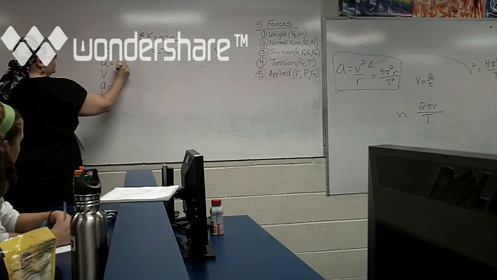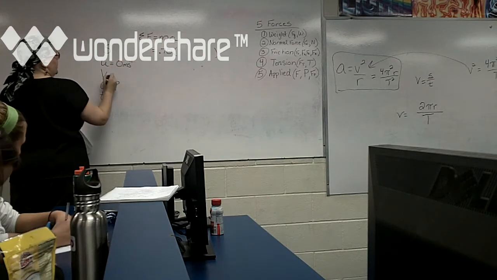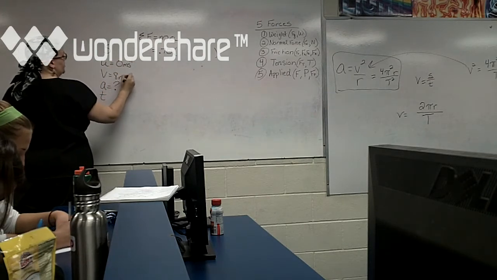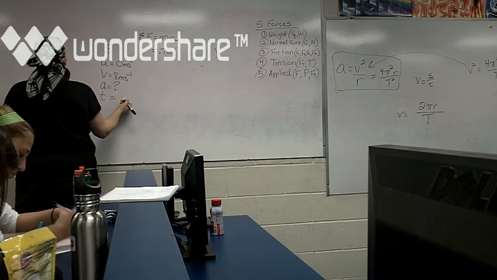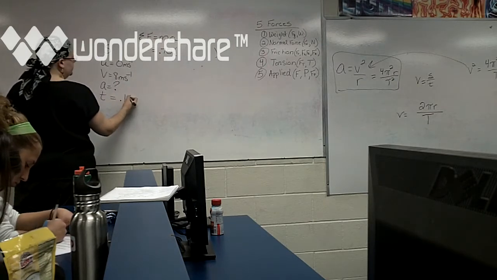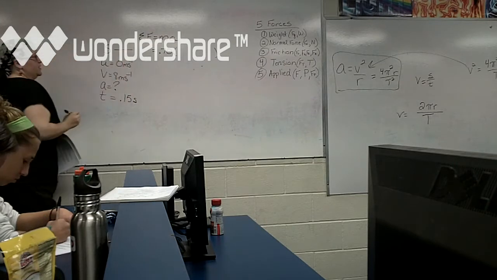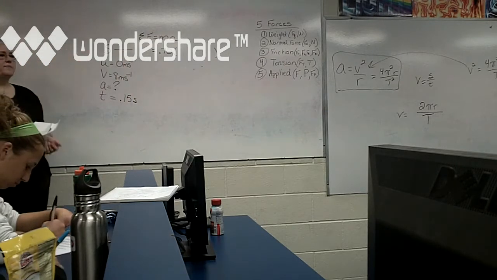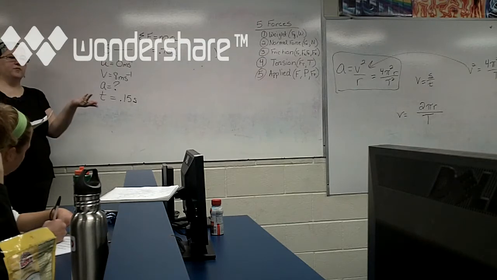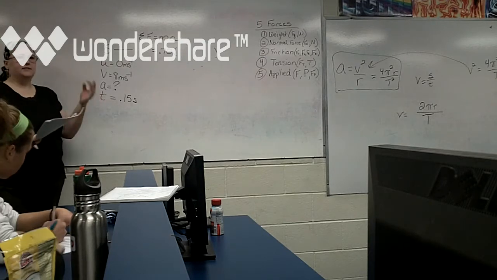I know it started from rest, I know it attained a velocity of 8 meters per second, and I know it did this in 0.15 seconds. So I don't need the distance. I need one of our kinematic formulas that doesn't have the s in it.